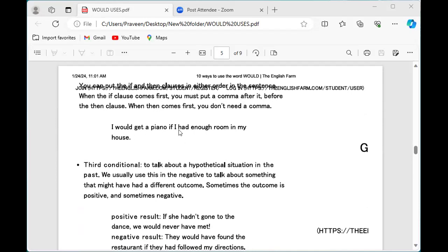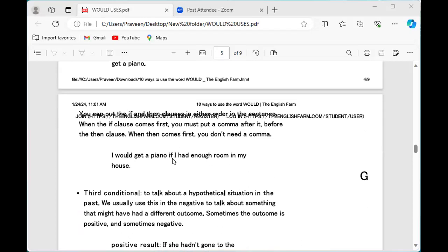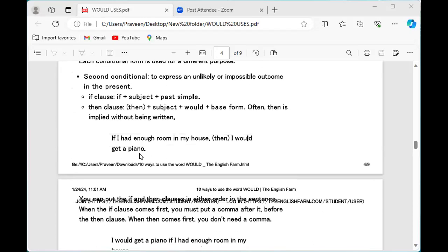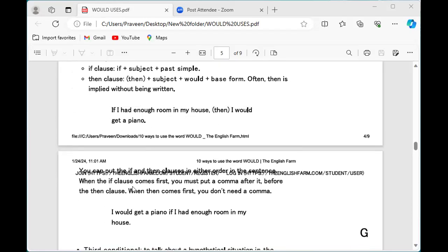I would get a piano if I had enough room in my house. Let me check once again. When the if clause comes first, you must put a comma after it, before the then clause. When the then clause comes first, you don't need a comma.